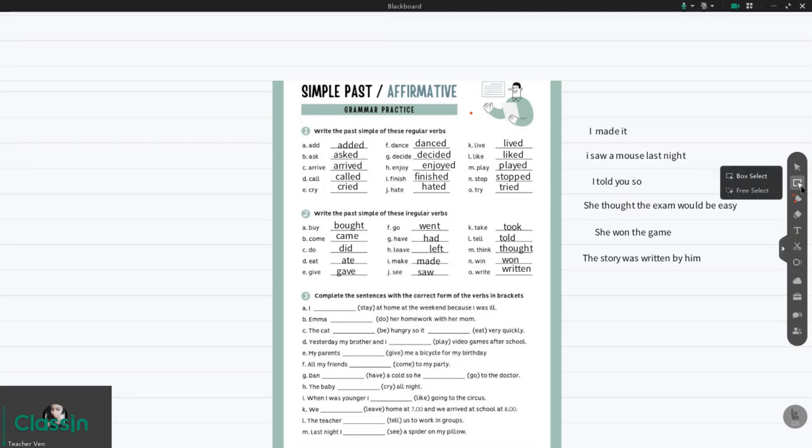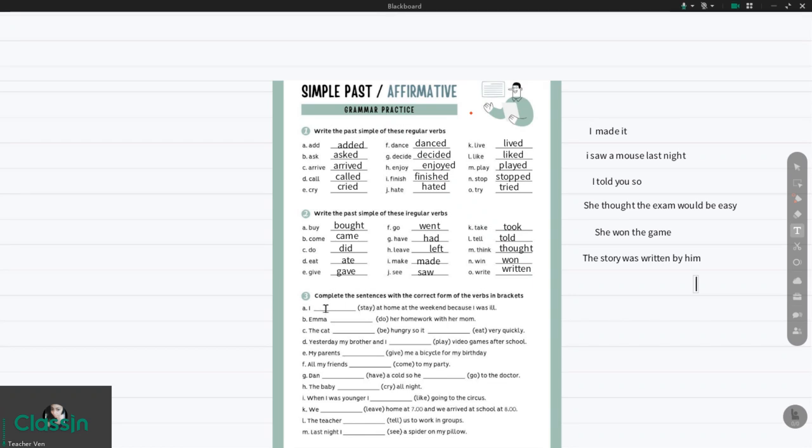Okay, so let's move on to our next. Oh no, let's not try to move everything. Maybe we can just do it from here. Okay, we don't wanna drag everything and mess up our exercise, with our answers. Okay, so for this third exercise, complete the sentences with the correct form of the verb in brackets.